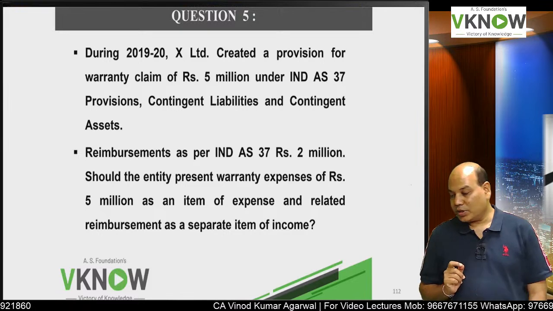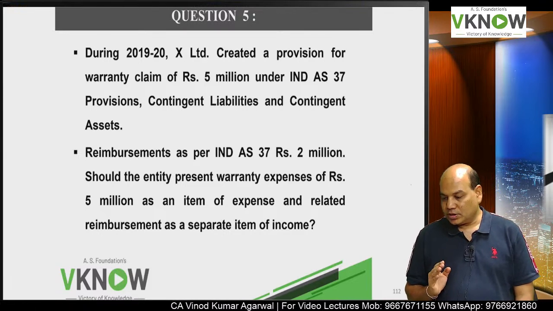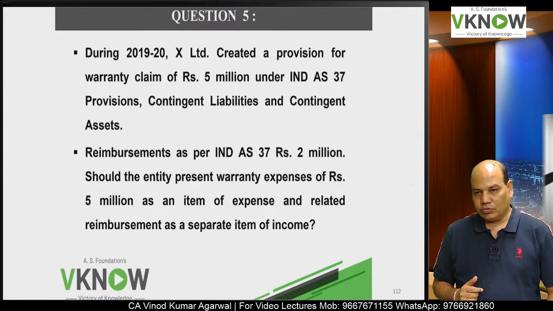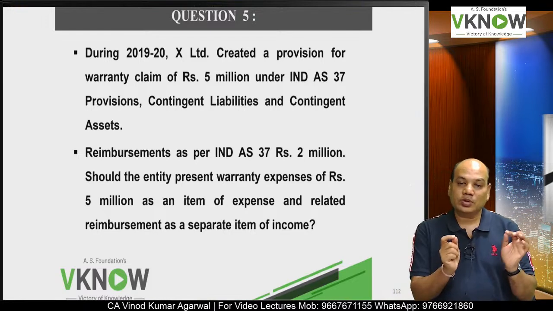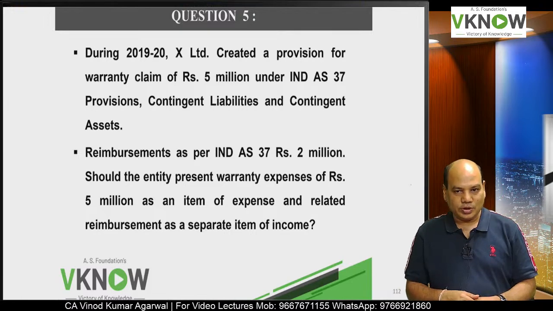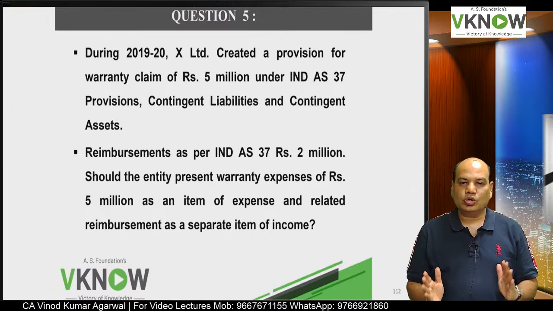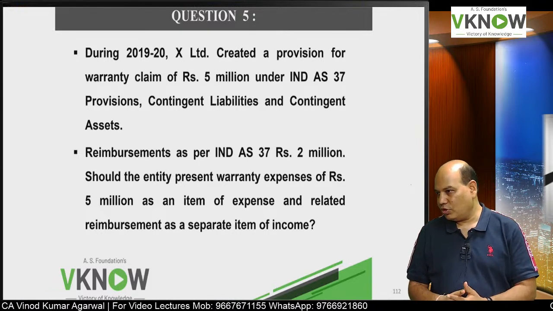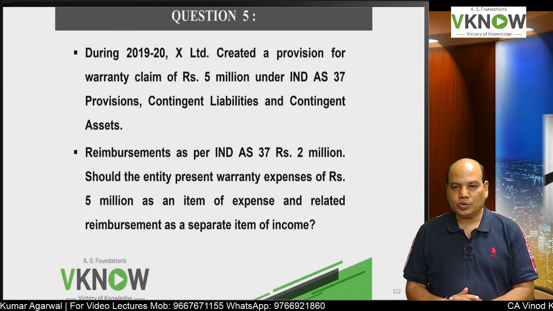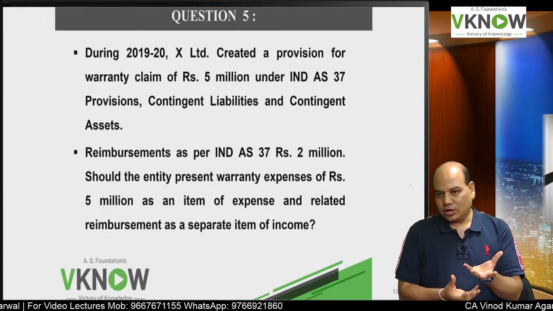Should the entity present warranty expense of 5 million as an item of expense and related reimbursement as a separate item of income? Now this question you have done in AS 29 also, hence I have put it here so that I can ask you that query. Should we show income and expense separately or should we show net provision? Ind AS 37 also says you can show provision net of reimbursement because it is related to the same warranty.